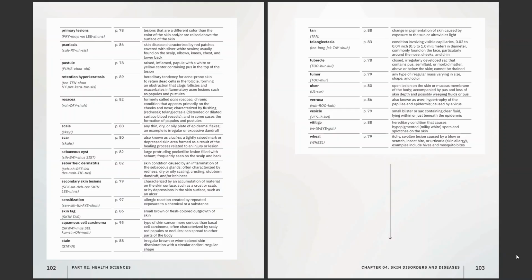Rosacea, formerly called acne rosacea, chronic condition that appears primarily on the cheeks and nose, characterized by flushing, which is redness, telangiectasia, distended or dilated surface blood vessels, and in some cases, the formation of papules and pustules.